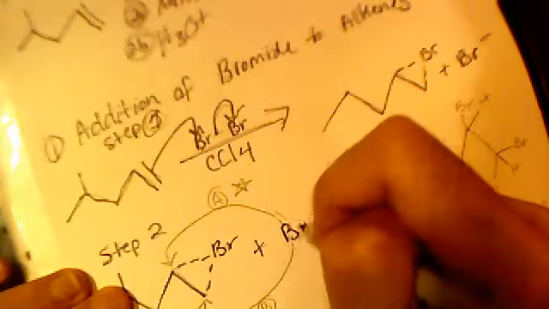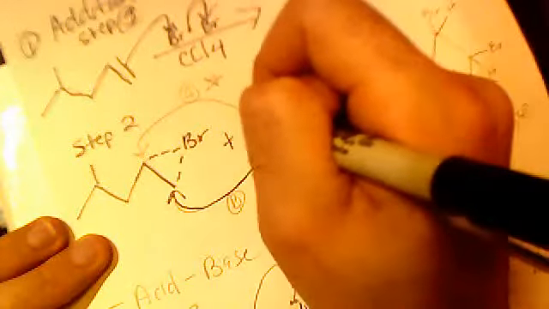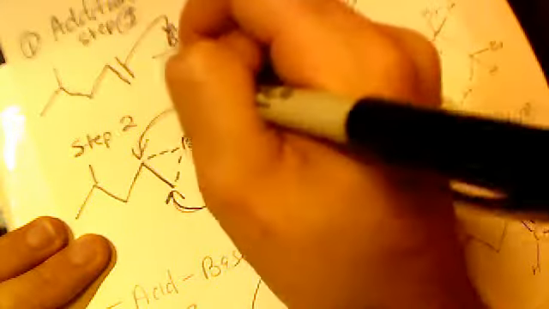Now the bromide anion can come from any direction. It could go like this, in which case the bromine would come over here. And in the other case, if it was like this, that's route B. So if it went through route A, this would attach here, and this bromine would come over here like this.